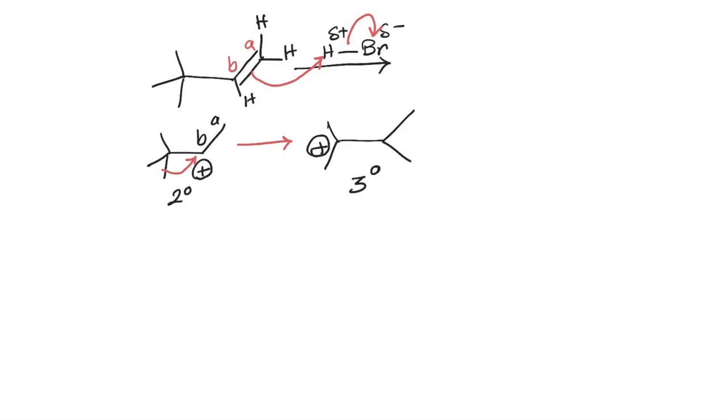Which one is more stable? Tertiary, so it will undergo rearrangement, and there will be more tertiary carbocation than secondary because tertiary is more stable. And then bromide will attack both carbocations, but the major product will be this.